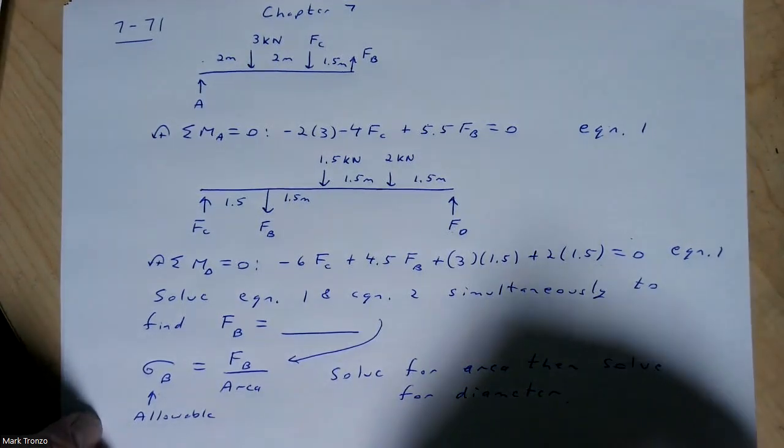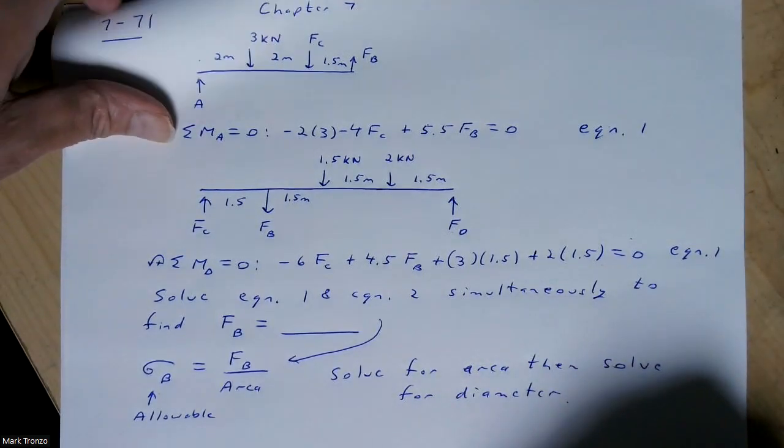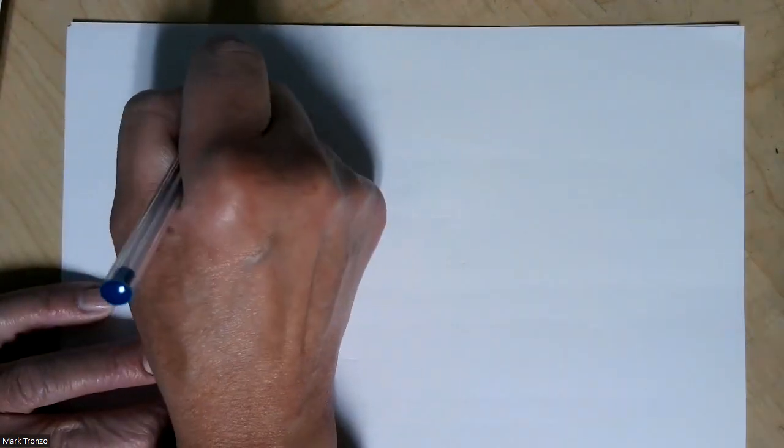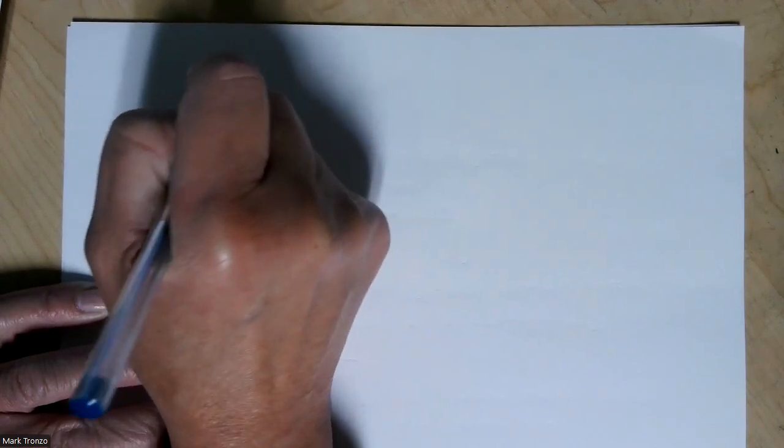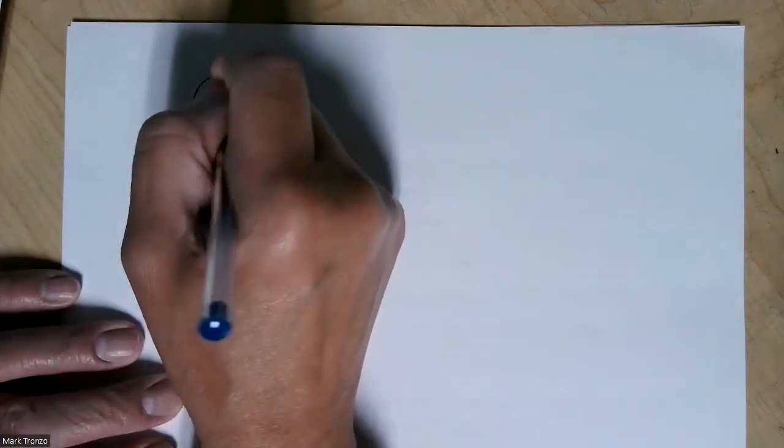Now, the next thing we have to do is look at the bearing stress of the wood. So you're basically going to have, let's say, this washer here. And now you found the diameter.